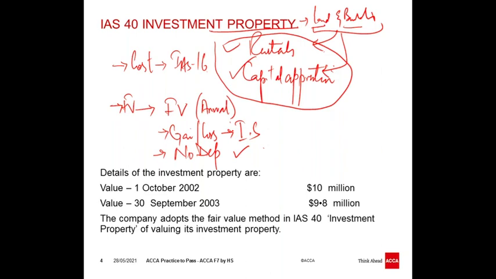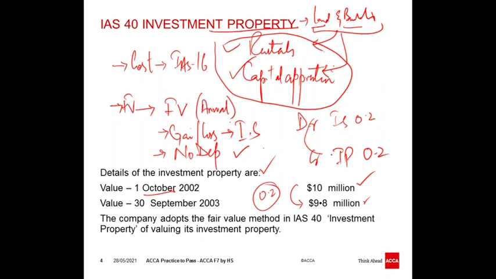And the exam question of this standard is like this. We have got investment property having a value of 10 million at start, and now it's 9.8 million. So there will be a loss of 0.2 million. The accounting entry for this loss should be: credit investment property by 0.2 and debit income statement by 0.2.